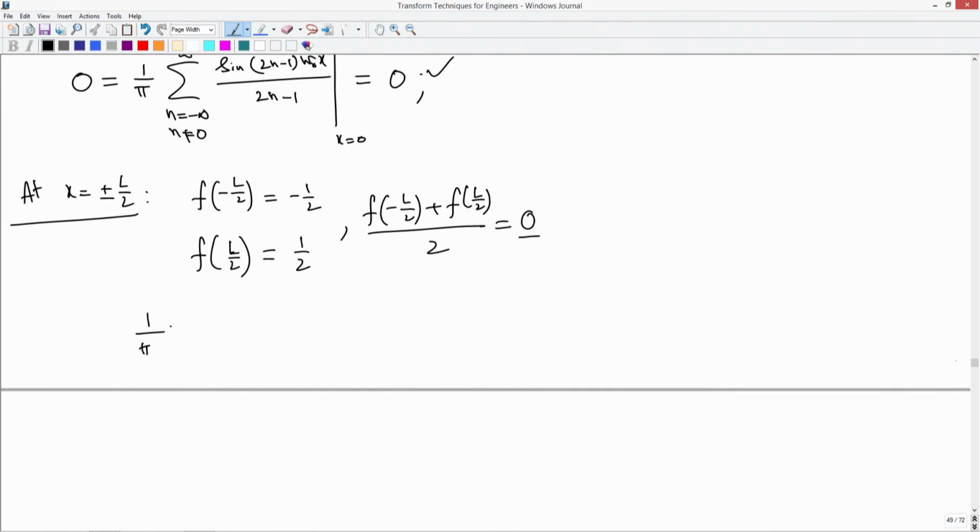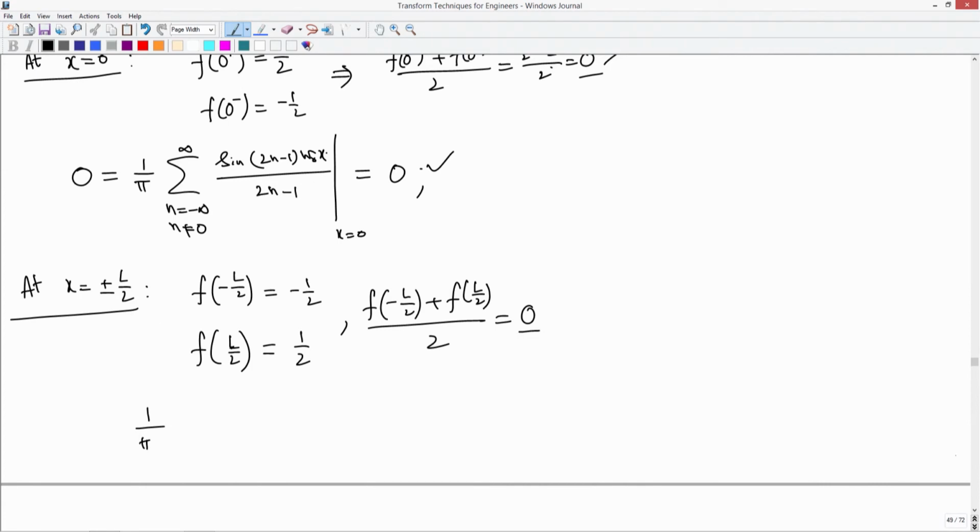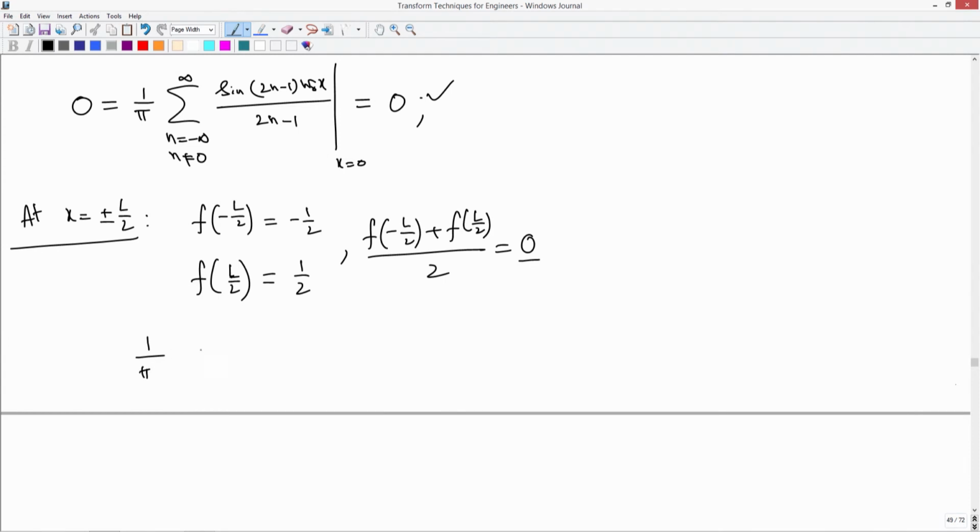So, 1 by pi, if you put x equal to plus or minus L by 2, what you end up with is 1 by pi, n from minus infinity to infinity, n not equal to 0, sine of (2n minus 1) w naught times plus or minus L by 2. At both end points, the value has to be 0 from the theory.